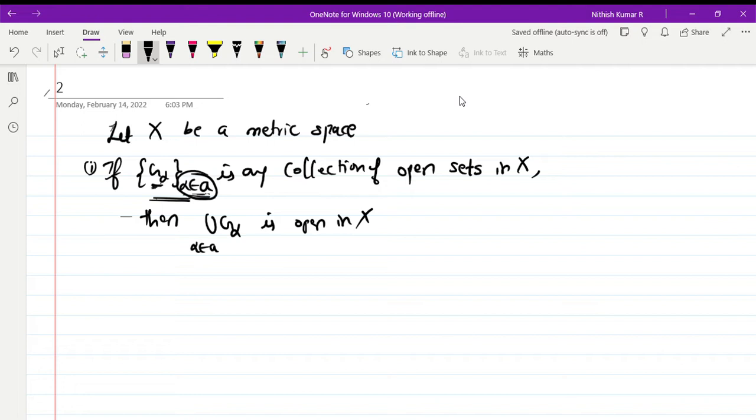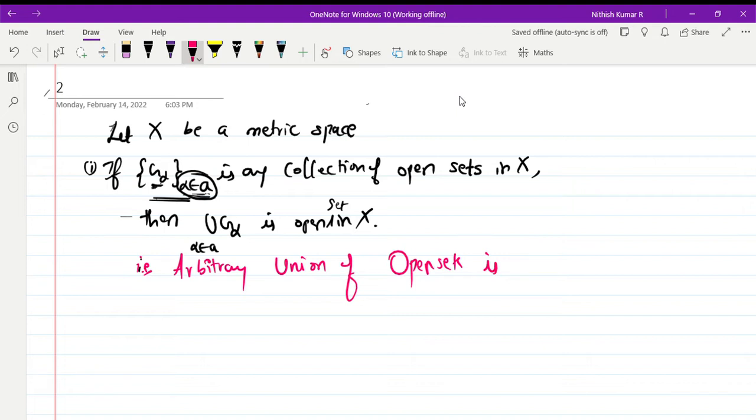Then it says the union of these open sets is again an open set in X. That is, an arbitrary union of open sets is again an open set.